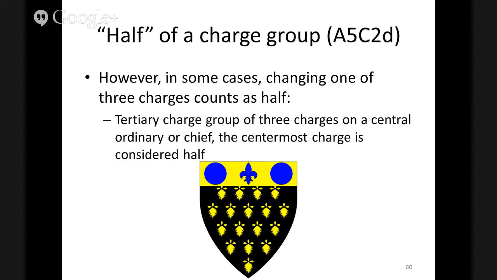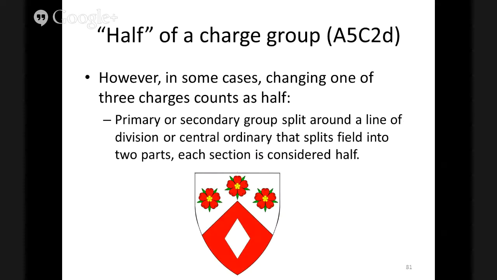The other special half rule is if you have charges on a primary or a secondary group that split either around a line of division or around a central ordinary, then each of those parts counts as half. So let's start with this. Somebody blazon this.